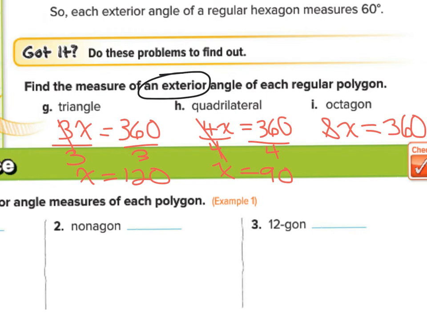And then again, both sides divided by 8, the 8's are gone, and we get 45. 120 degrees, 90 degrees, and 45 degrees, and that's how we find it for a regular polygon, where all sides and angles are equal.